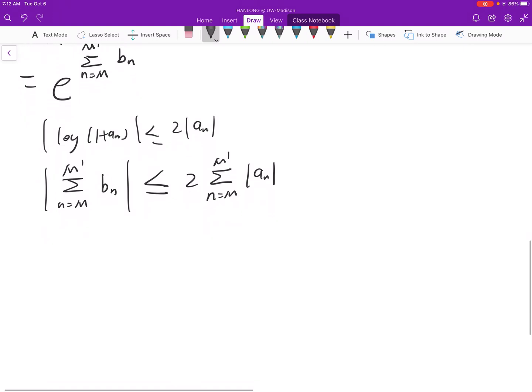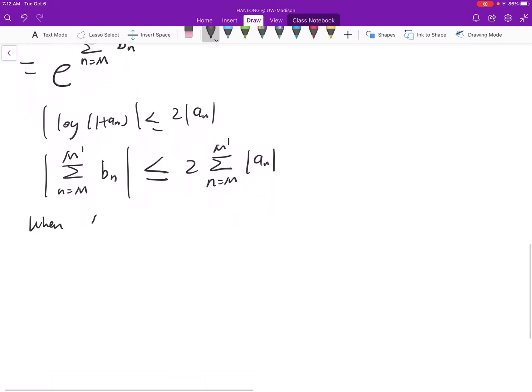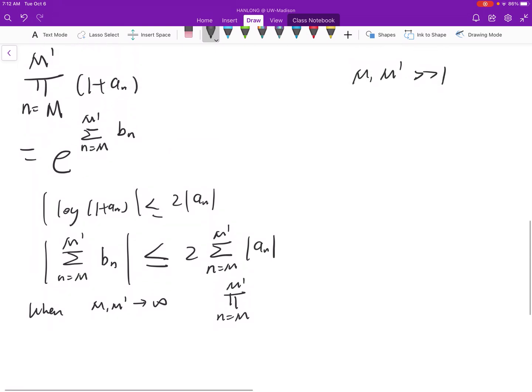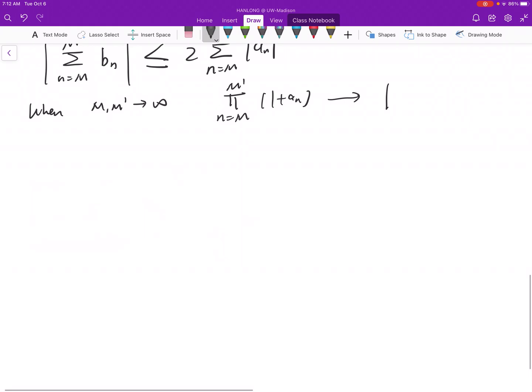It's clear that when m prime goes to infinity, the partial product from m to m prime of 1 plus an goes to 1. This means that it's convergent.